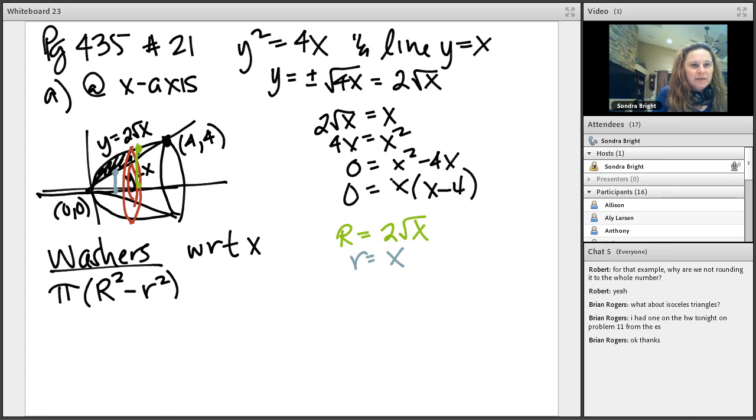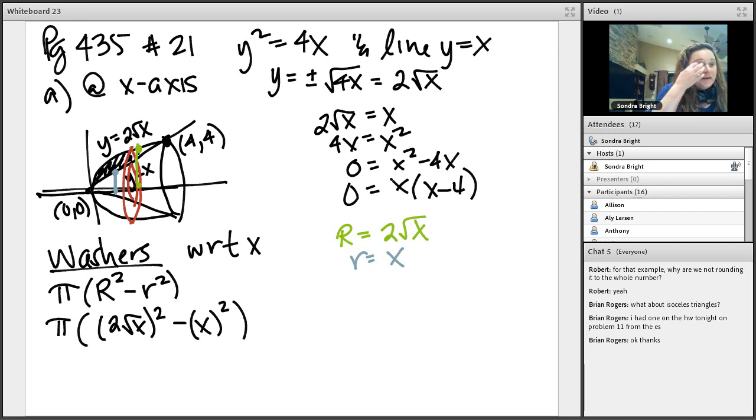We'll plug those in, so you'll have pi and then 2 rad x quantity squared minus x squared.